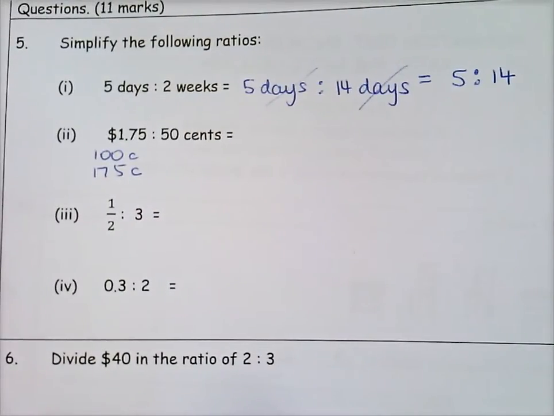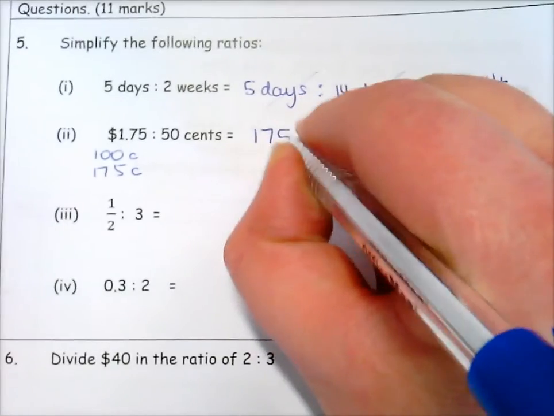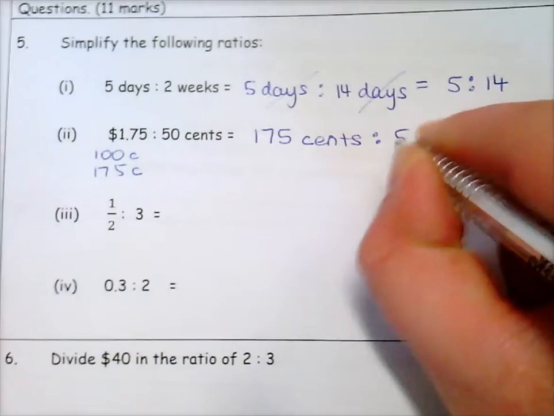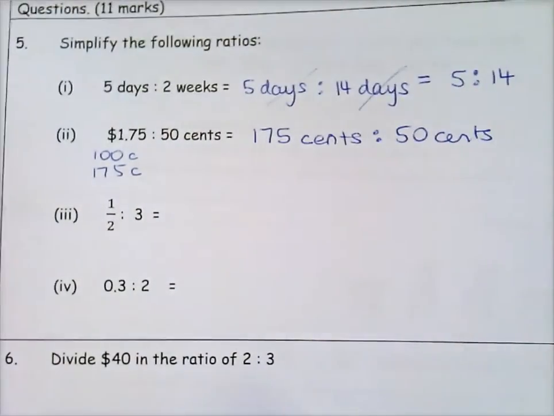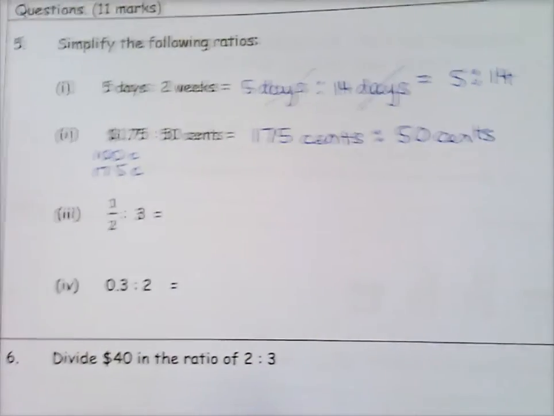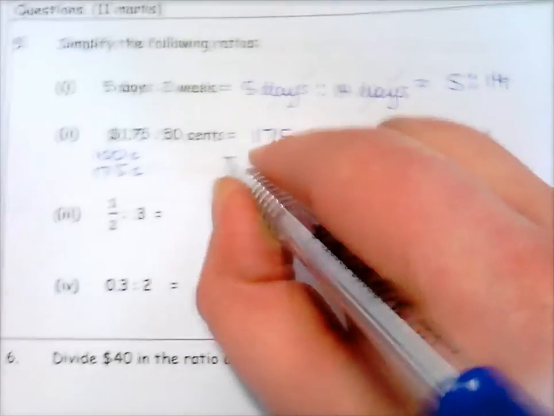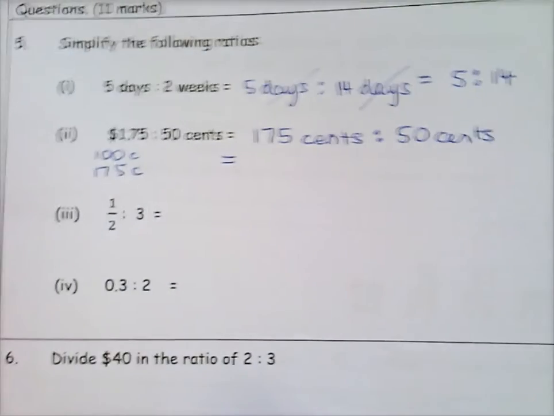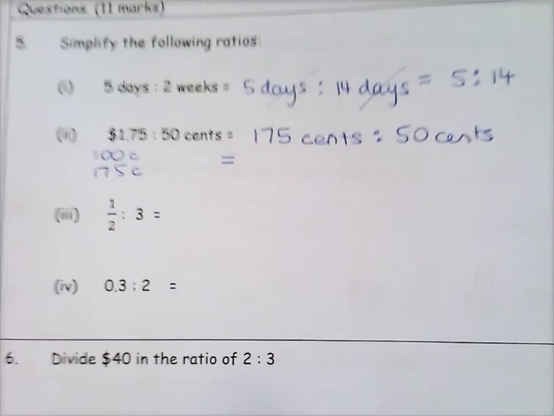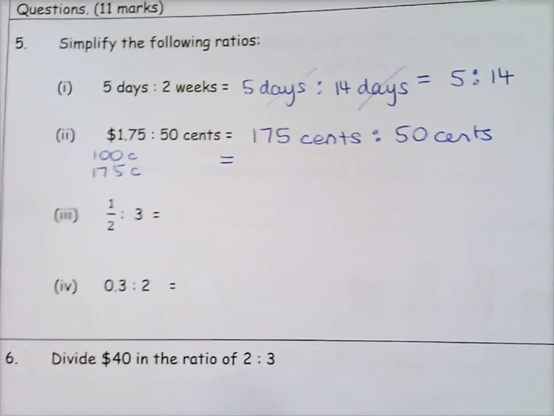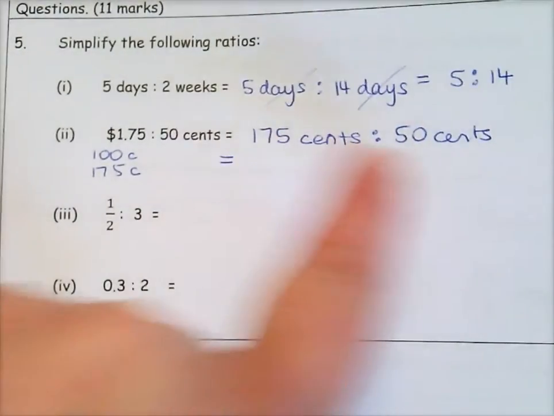Does that make sense? So girls, I need to put them in the same units. 175 cents is to 50 cents. Now, if you have a calculator, you can just do 175 ABC 50. Or what number goes into both 175 and 50? Girls, see how you've got 5 and 50?